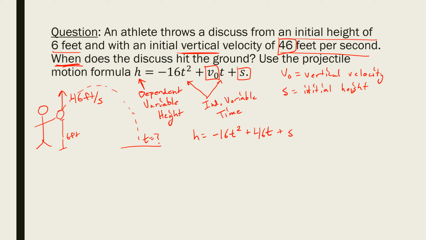And then instead of the plus s at the end, I'm going to write the initial height. So 6 feet. But I have two variables here still left over. Which one am I trying to solve for? Well, okay. It says when. When does this thing hit the ground? So since I'm asking when, t is definitely what I'm solving for.